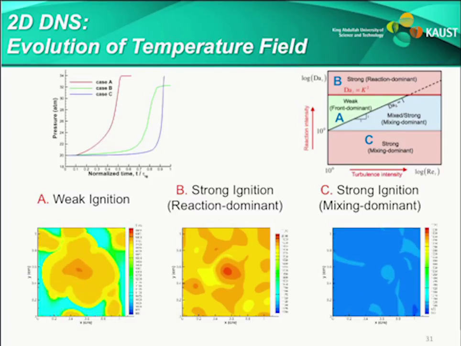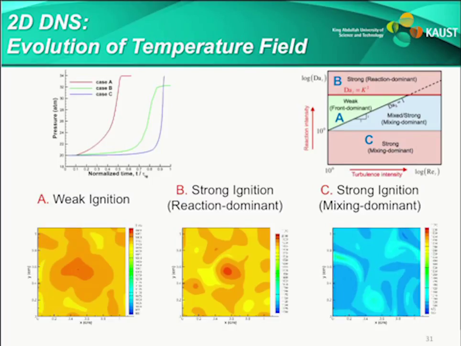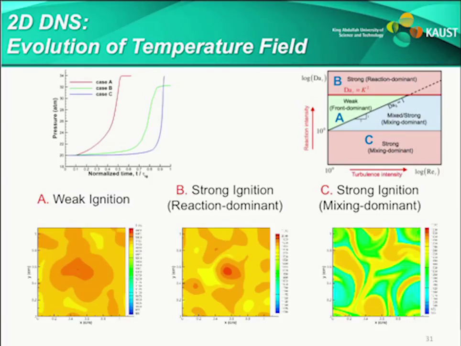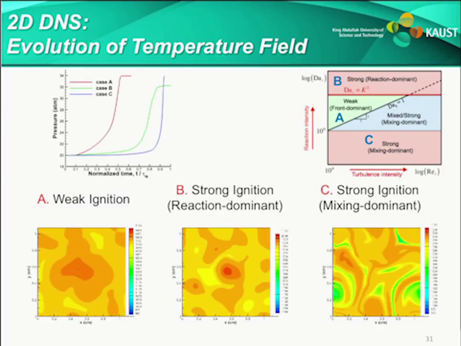In mixing dominant strong ignition cases, everything just mixes up and nothing happens until real homogeneous ignition happens. In terms of the relative enhancement of auto-ignition behavior, weak ignition shows the strongest advancement relative to other nearly homogeneous strong ignition conditions. So that's the basic framework I was proposing, and hopefully it might guide the setting of experimental conditions for further work.